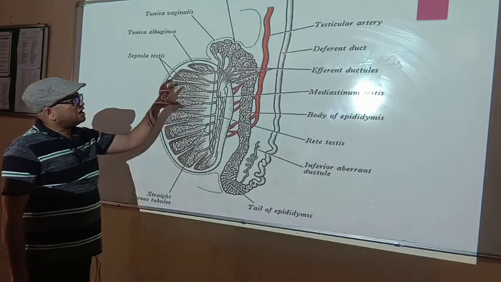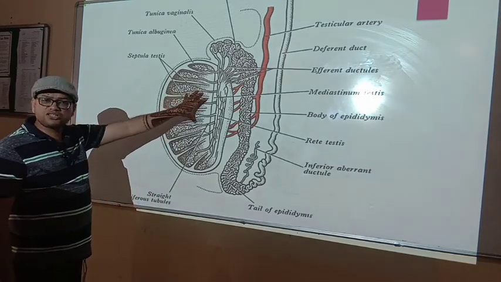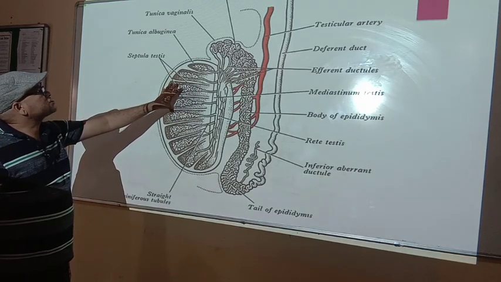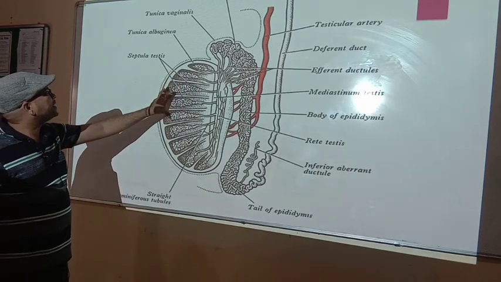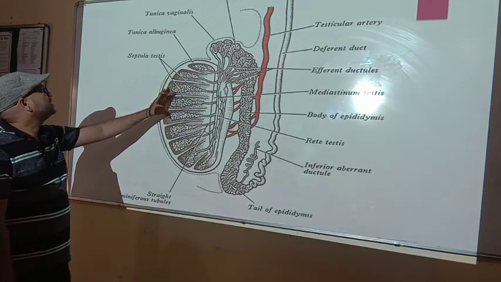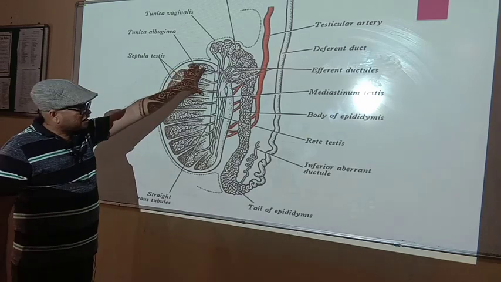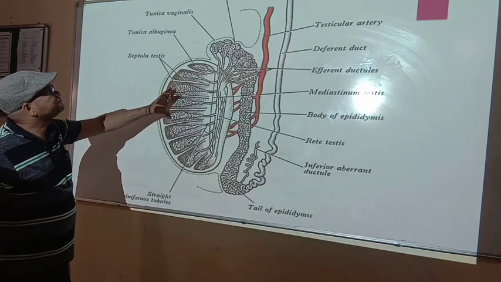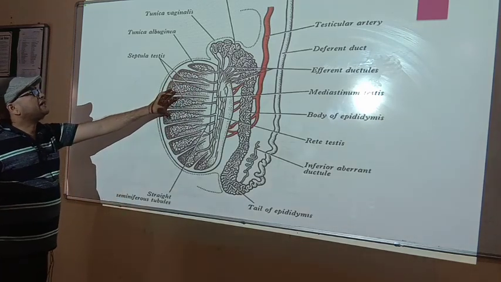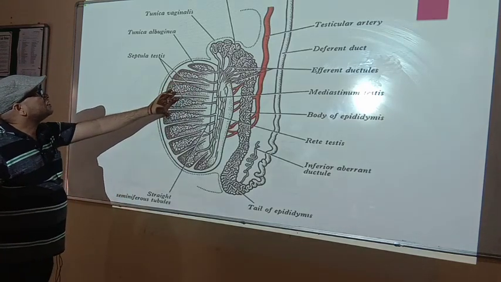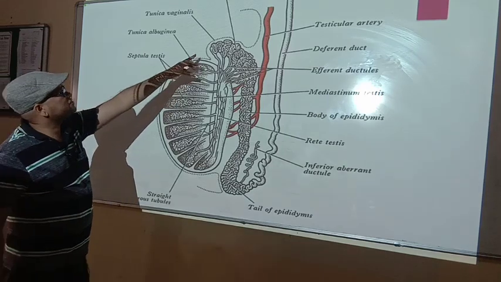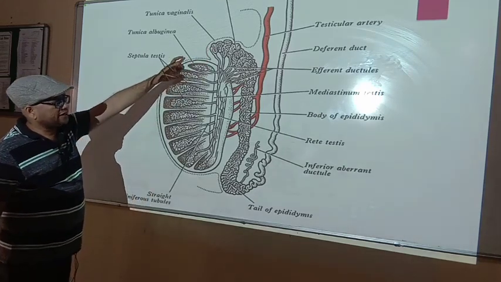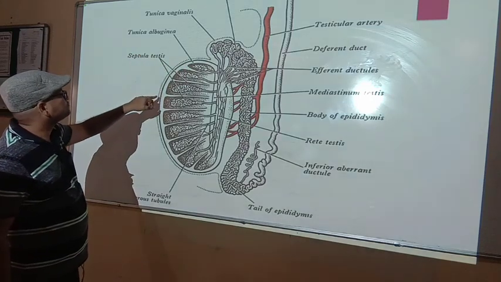Now, here it is the internal structure of our testes. The testis is covered by a triple layer covering, and these triple layer coverings are called tunica vaginalis, tunica albuginea and tunica media.